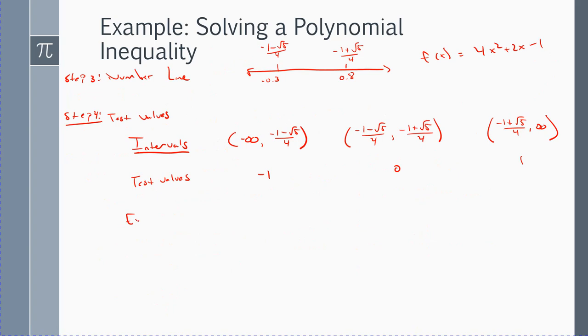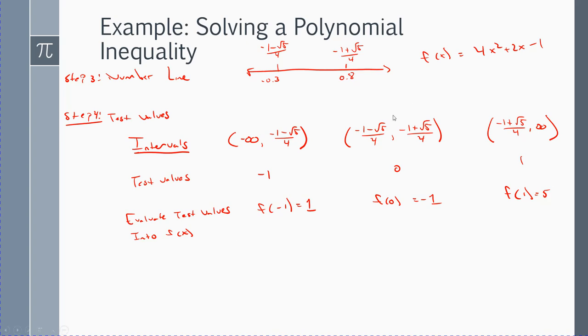Now evaluate the test values in f of x. I'll save a little bit of time here. If you plug in f of -1, you'll get 1. F of 0, obviously you get -1. And then f of 1 here gets you 5.